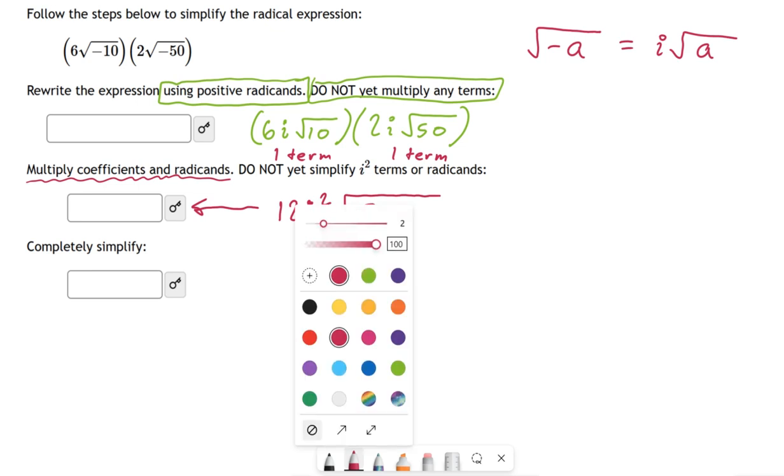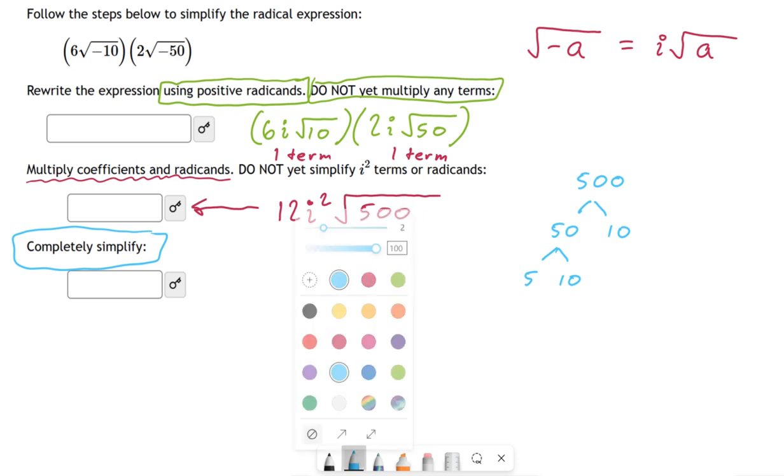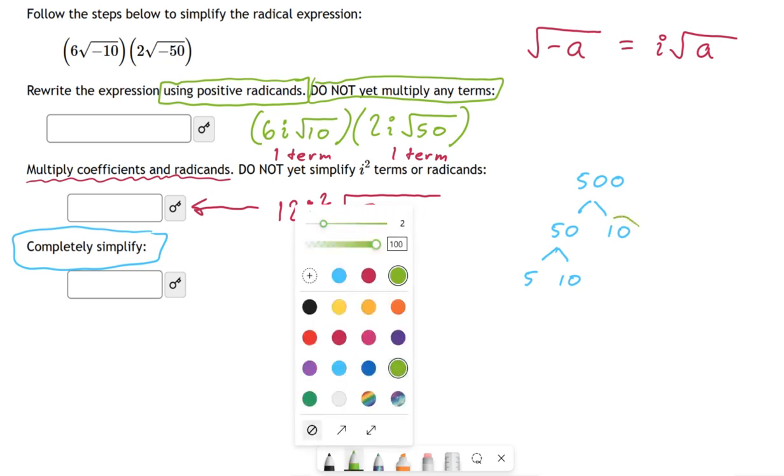Now in the third answer box, see right here, it says completely simplify. So now we're going to go through the work of simplifying this and seeing what this is. Well, if I take 500 and imagine a factor tree, that's 50 and 10, right? Well, 50 breaks into 5 and 10. And I know I could break down the 10s further, but as soon as I see a pair, I think to myself, I'm done.